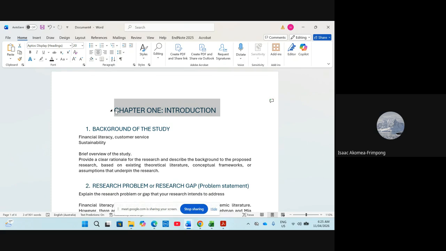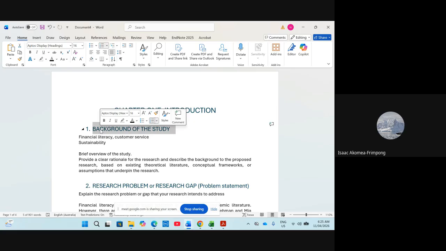And before I collapse the sections, I just want to take you through what is important for each of the sections. So the background. The background normally will show the overview of what the study is about.